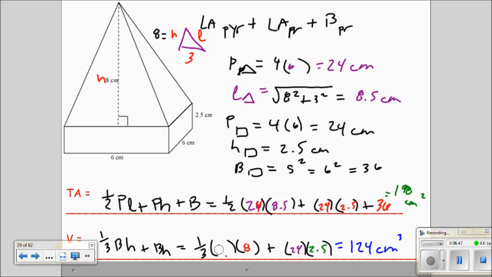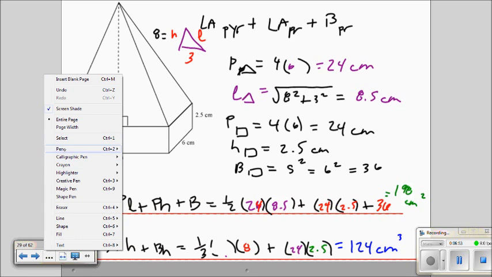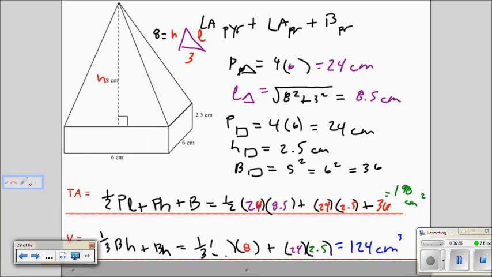The base area. The base area of my pyramid is 36. The height of my pyramid is 8, so that was correct.